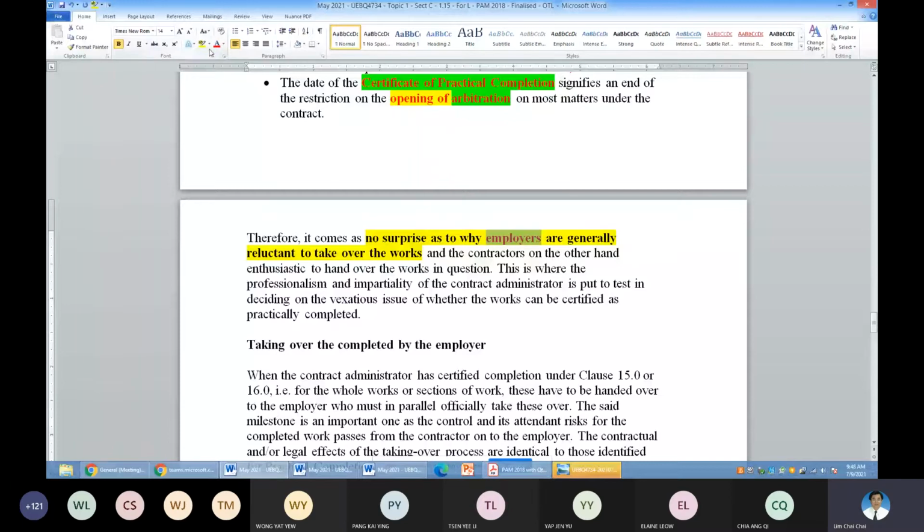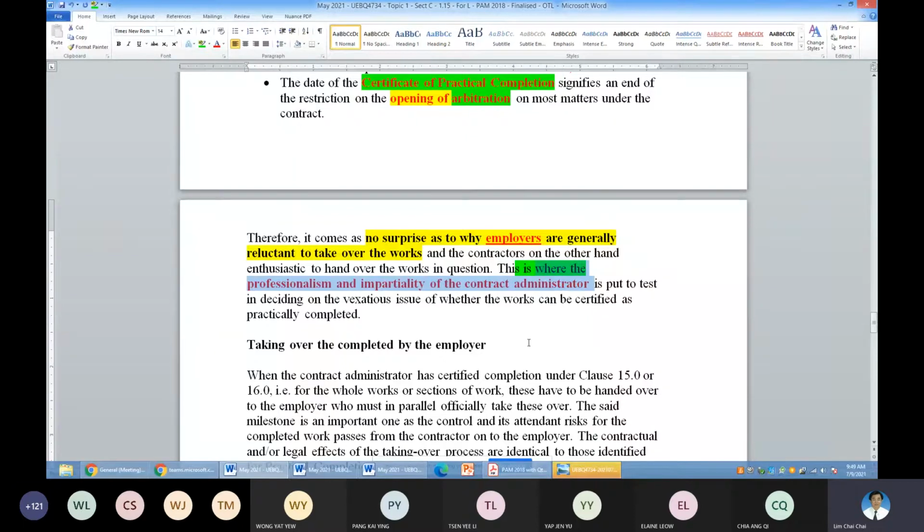Okay, so this is very important. The professionalism of the contract administrator is put to the test. Okay, so this is something that happens in the project where the employer is taking over the professional role of the architect.